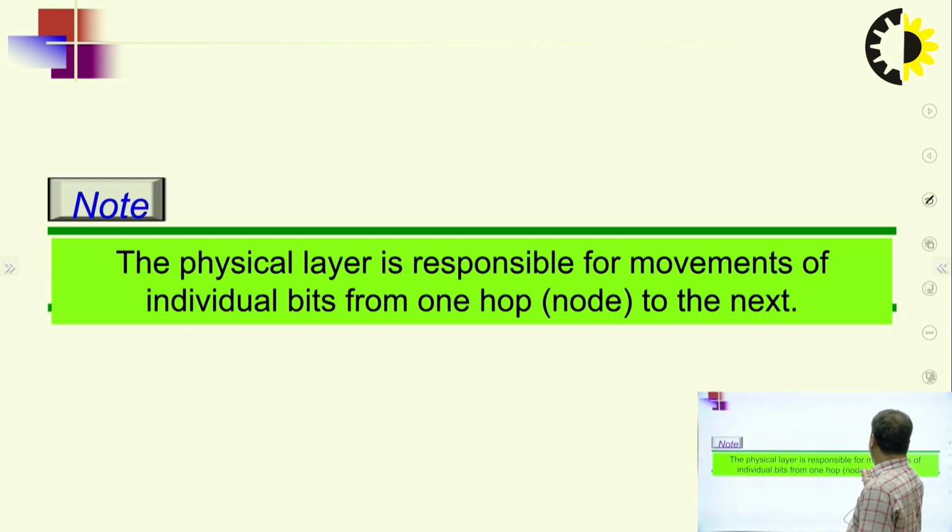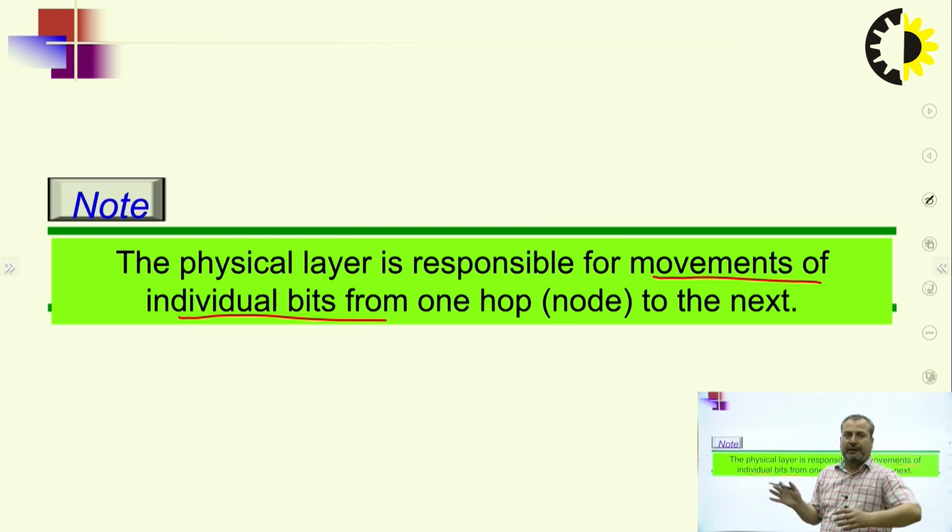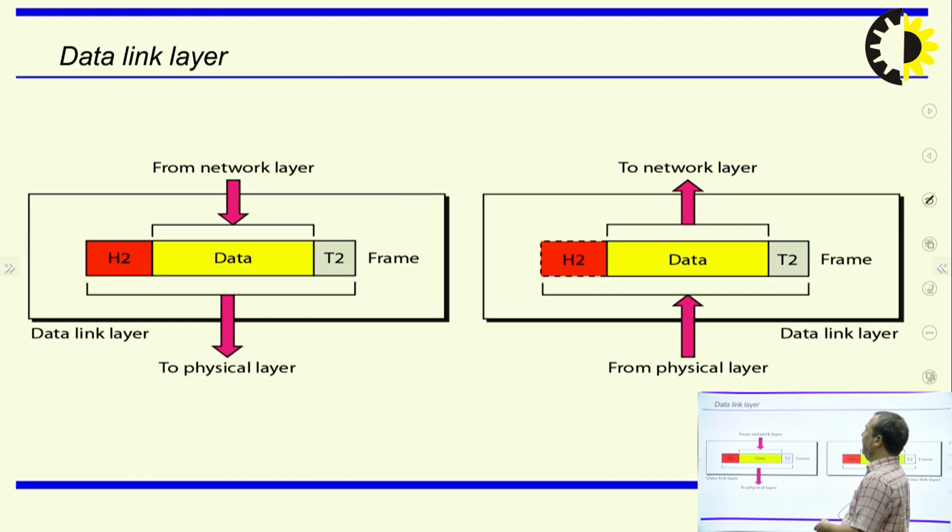So the physical layer is responsible for the movement of individual bits from one hop to the next hop. How a bit can be converted into a signal while in the network, and how this bit could be managed, this is the job of the physical layer.